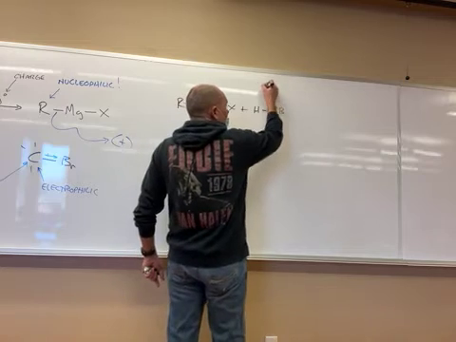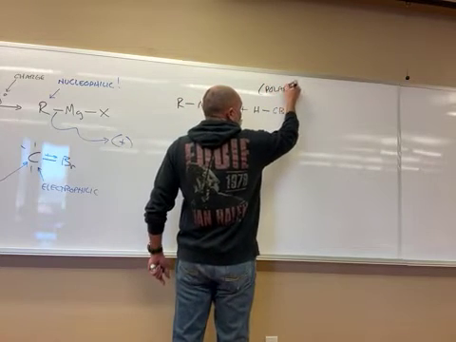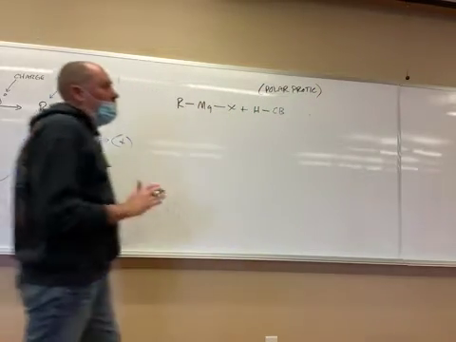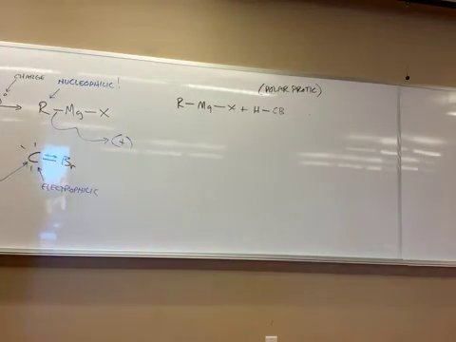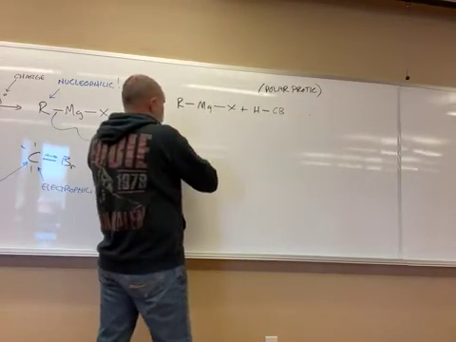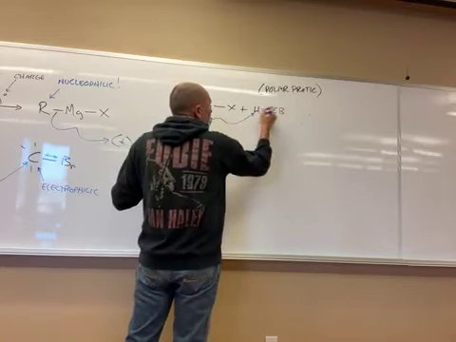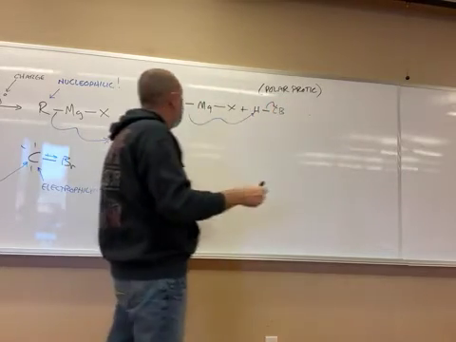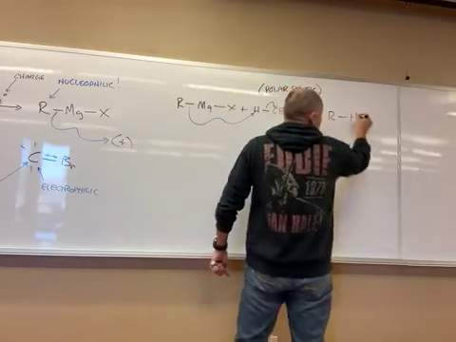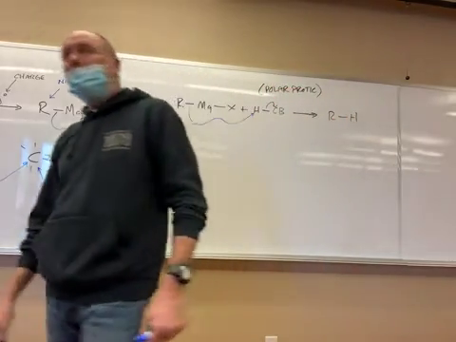All right, I'm going to call this a polar protic. It could be methanol, ethanol, it could be an acid, it could be acetate. It is merely going to just take and remove the Grignard. It kills the Grignard. All right. So it quenches the Grignard reaction.